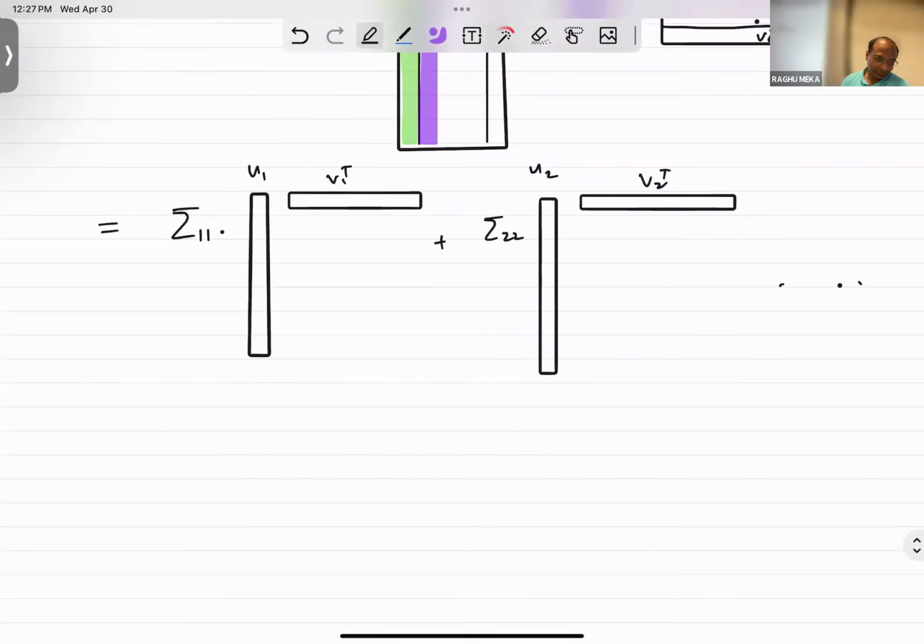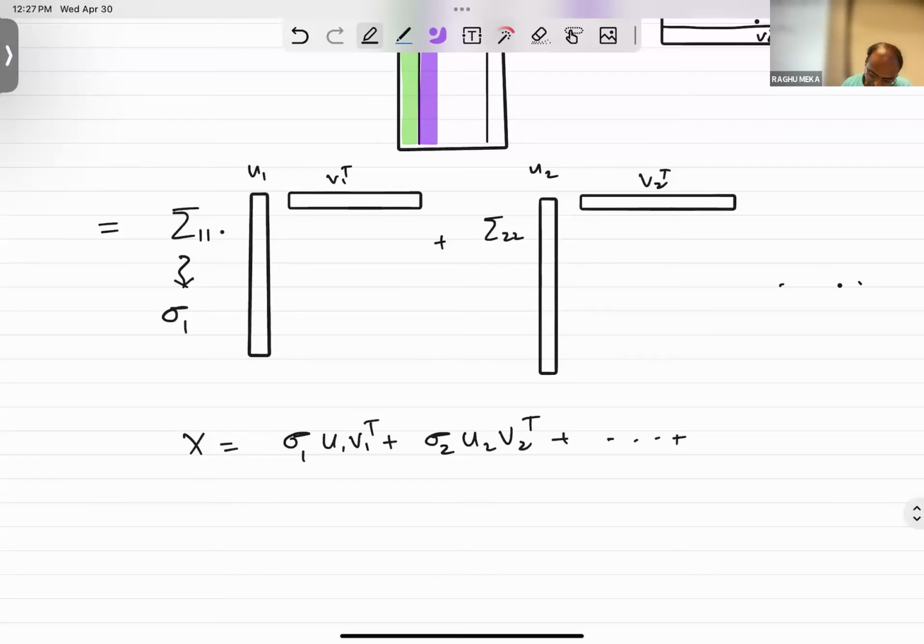Okay. So X equals sigma_1 times u_1 v_1 transpose plus sigma_2 times u_2 v_2 transpose plus so on.